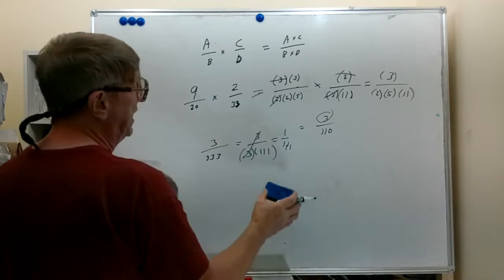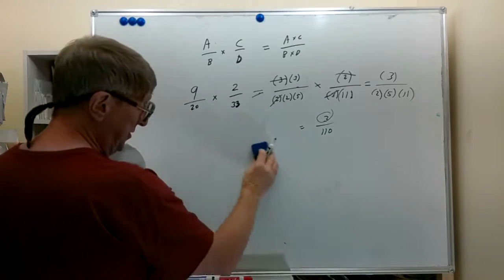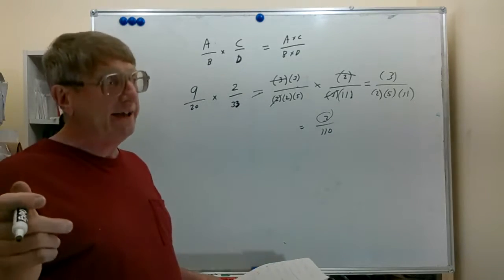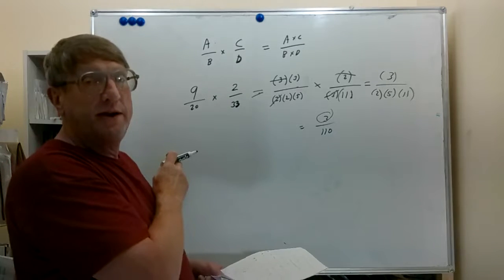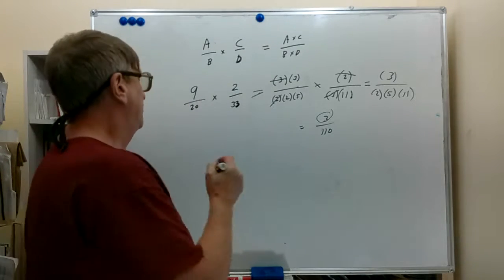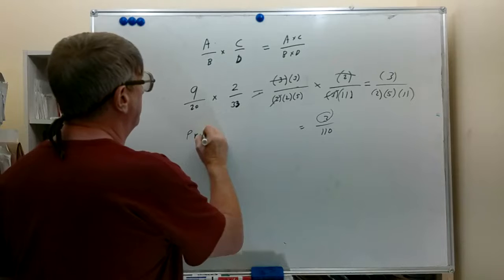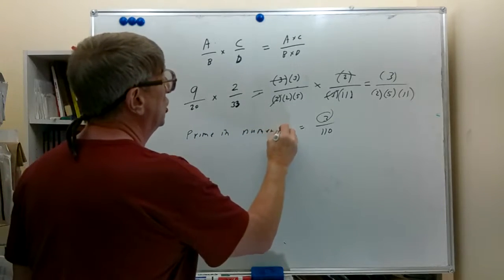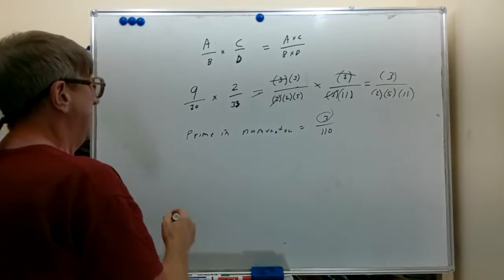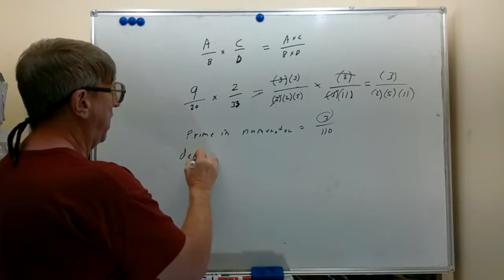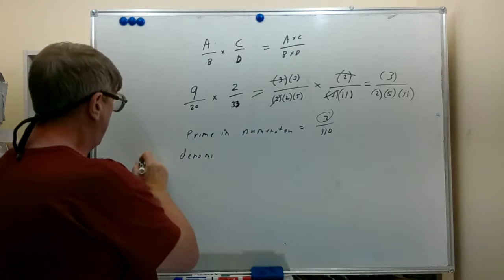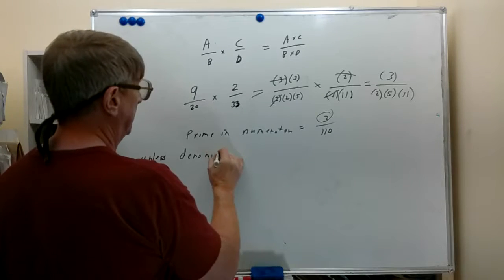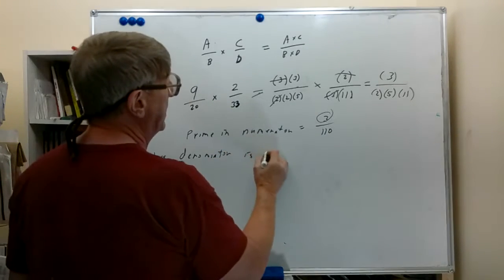So basically, a prime number in the numerator or the denominator indicates it's in lowest terms, unless, let's just go prime in numerator, and the denominator is divisible by that prime.